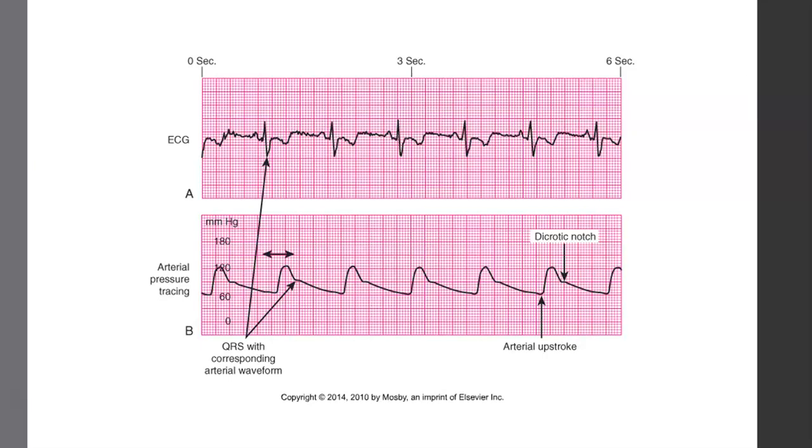After peak ejection or systole, that force decreases and the pressure drops, and then a notch, that dicrotic notch, may be visible on the downstroke of this arterial waveform, which represents the closure of the aortic valve, okay? And then the dicrotic notch signifies the beginning of diastole. The remainder of the downstroke represents diastolic runoff of blood flow into that arterial tree, and then that lowest point recorded is that diastole.